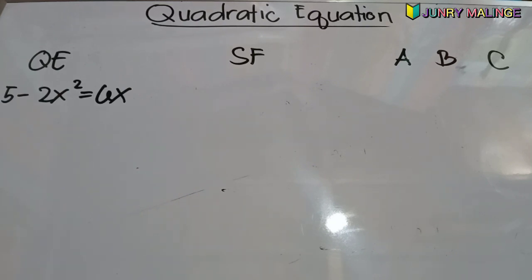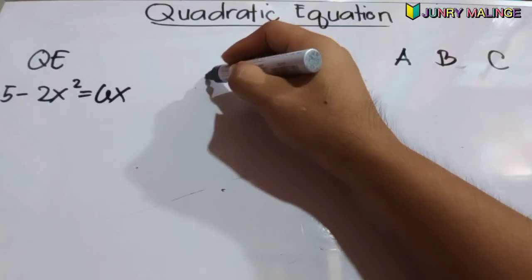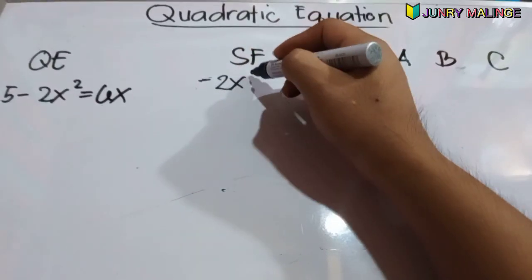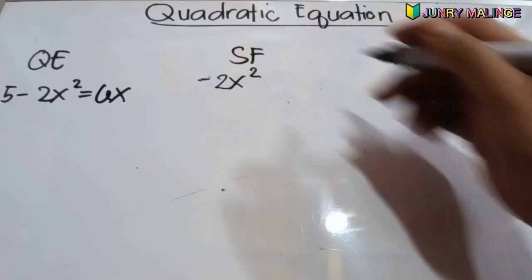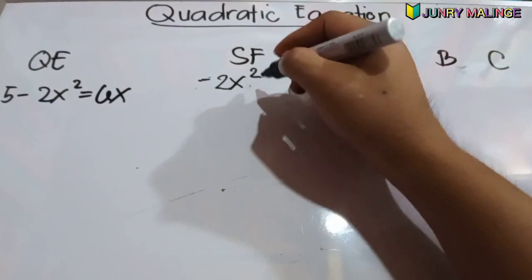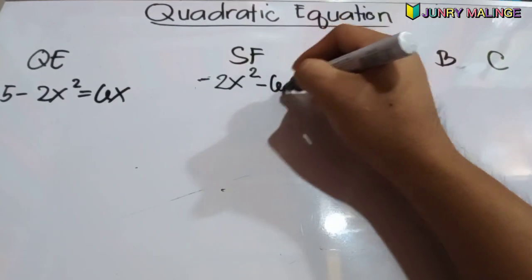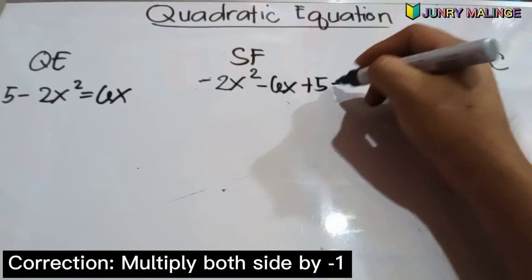Since our quadratic equation is 5 minus 2x squared equal 6x, we're going to write first the degree of 2, or negative 2x squared. We transpose kasi we're going to apply the subtraction property of equality. So we transpose, magiging negative 6x. Tapos, we copy the positive 5, equal 0.